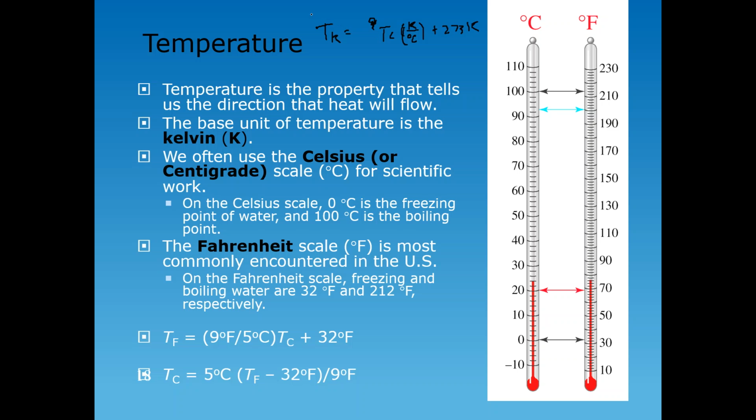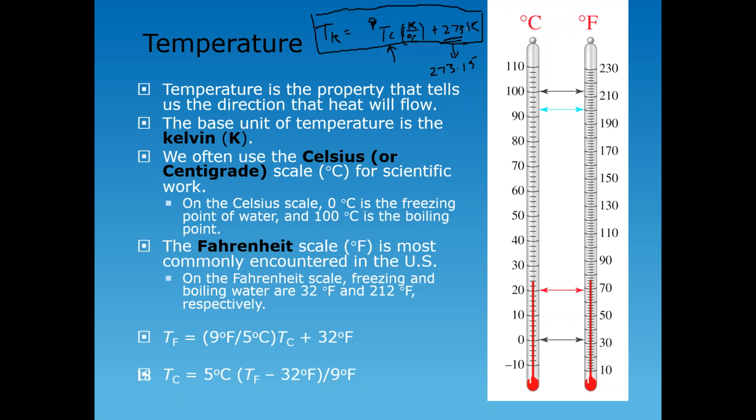All right, so this equation gives you the relationship between the Celsius unit and the Kelvin unit. All you have to do is plug your Celsius value here and add it to 273 and you get your temperature in Kelvin. Now, in actual fact, if you look in most literature, this number should be 273.15, but for our purposes, we'll just round it off to 273 and work with that.